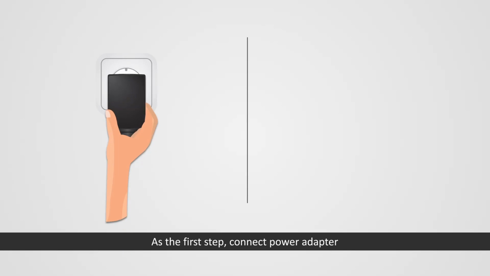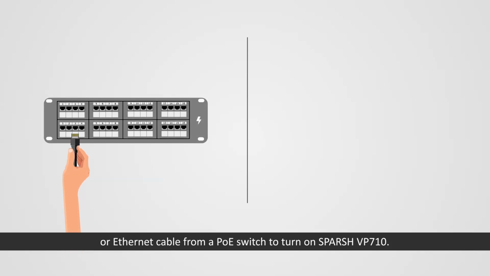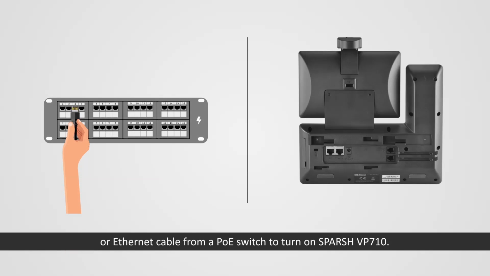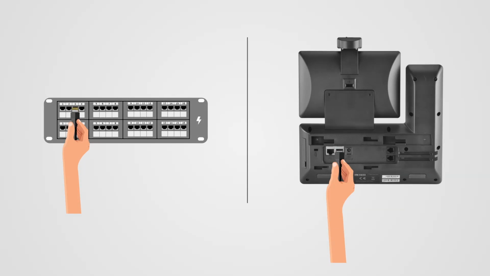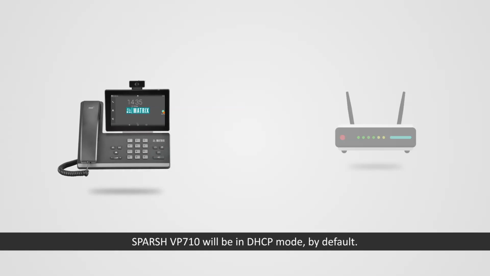As the first step, connect power adapter or Ethernet cable from a PoE switch to turn on SPARSH VP710. SPARSH VP710 will be in DHCP mode by default.